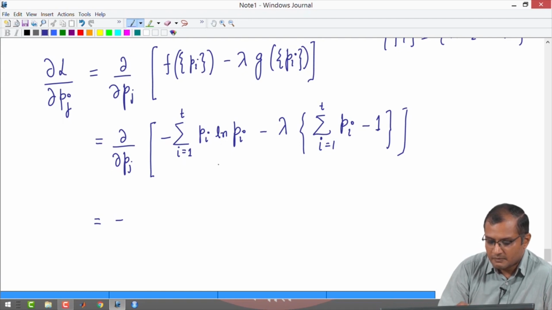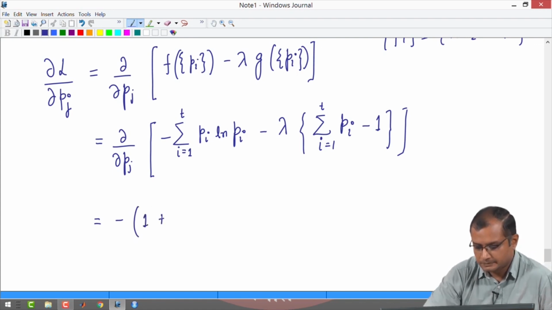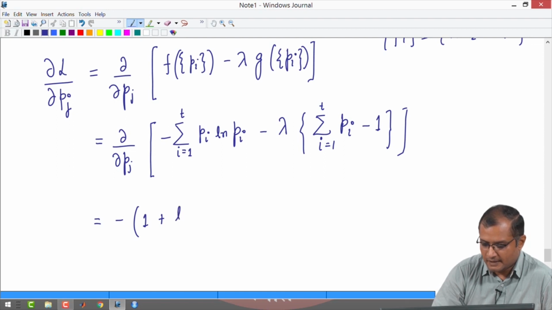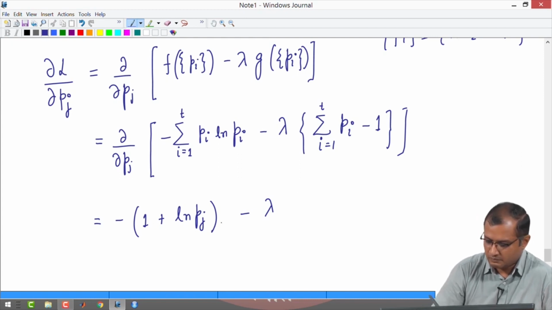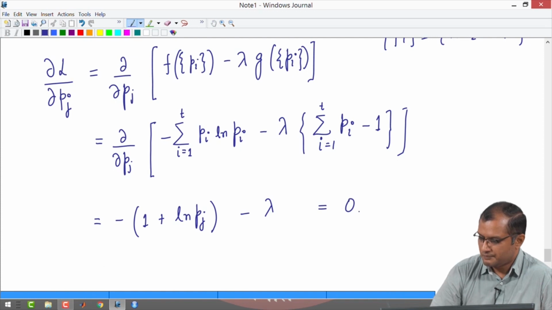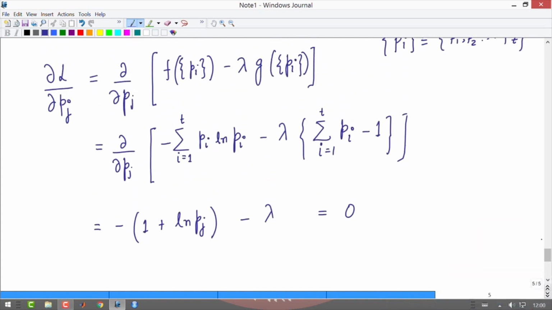Only the term i equal to j will contribute, and that will simply give me minus 1 plus ln p j, and here it will give me lambda times 1. And this is equal to 0, because this is the derivative of the Lagrangian with respect to p j, that is our condition.